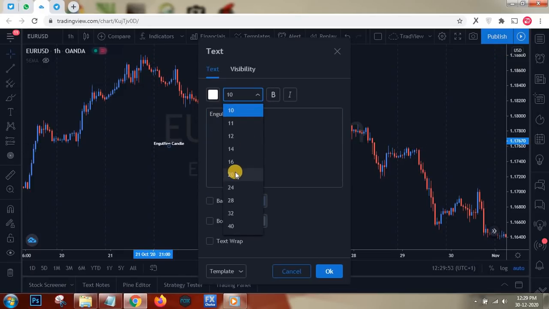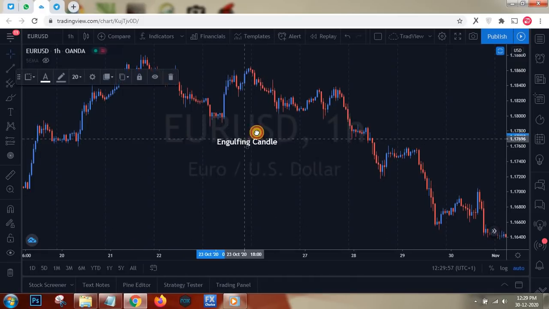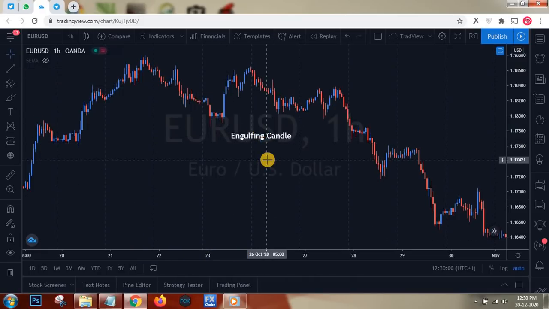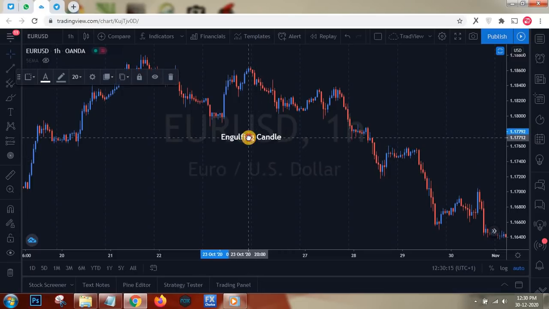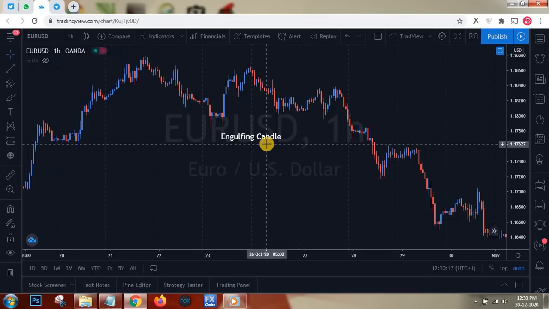Bullish engulfing candlesticks. Now, some people might ask, does this work on lower time frames? Does this work on the 15 minutes time frame? Can I use this on the H4 time frame, H1 time frame? The time frame I prefer using is H1, which is the 1 hour time frame.